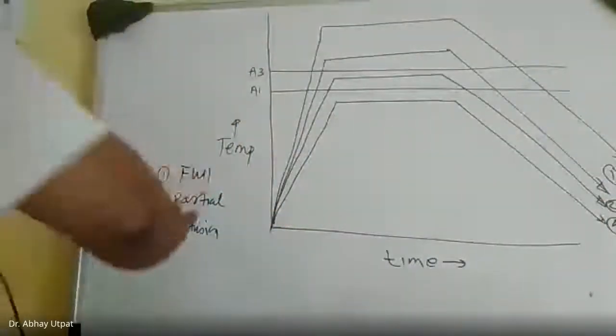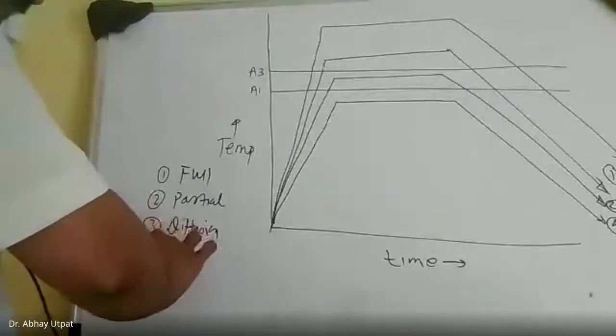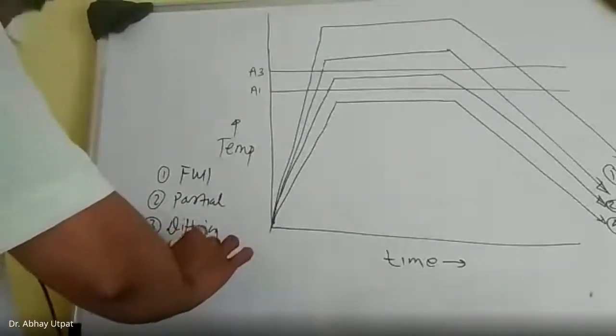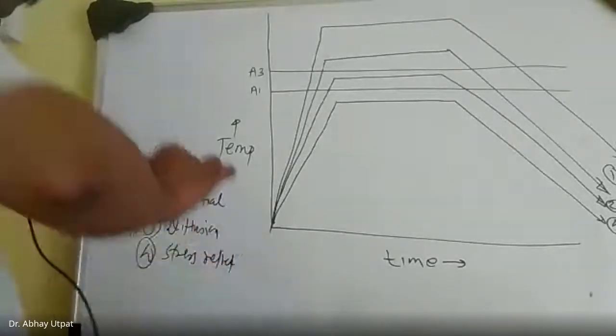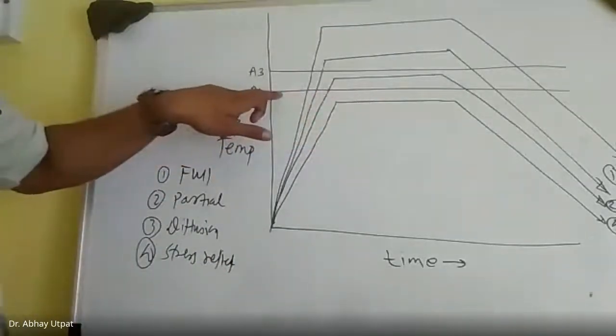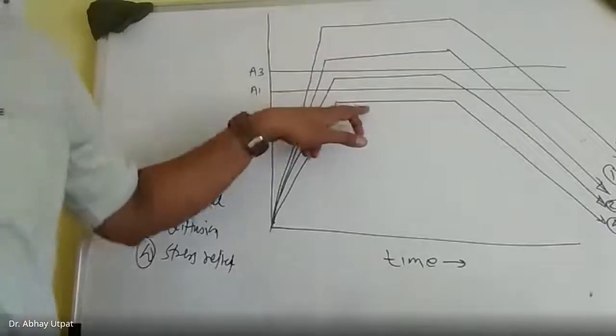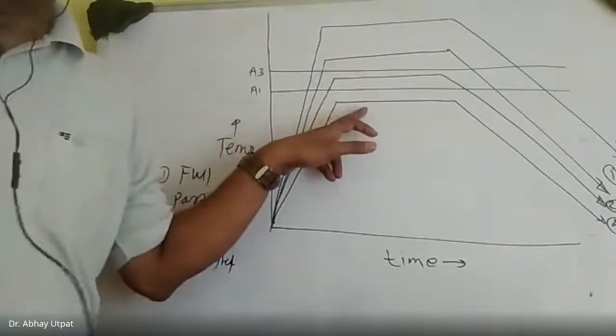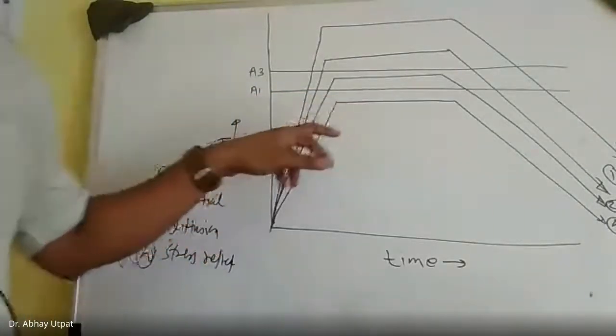Number four, stress relief annealing. See, here I have heated at A1 temperature and below A1. This is a very important thing.